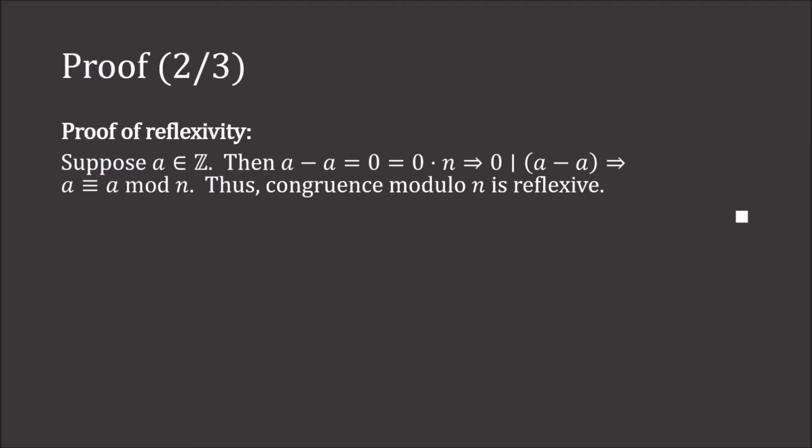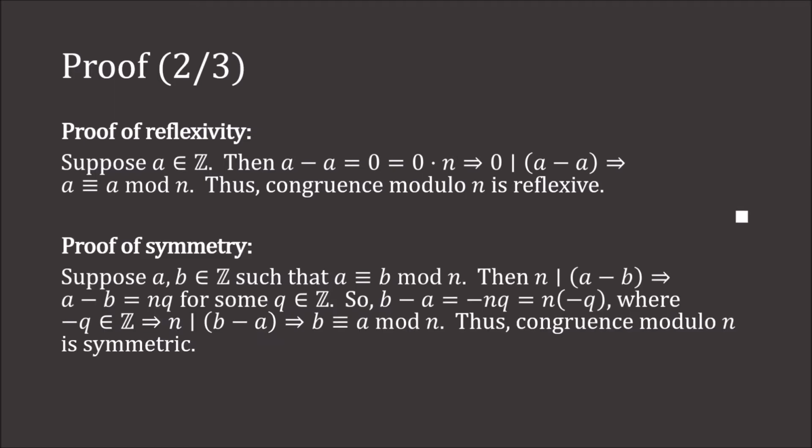The proof of symmetry. Suppose that a and b are integers such that a is congruent to b mod n. Then by definition, this means that n divides a minus b, which means that a minus b is equal to nq for some integer q.